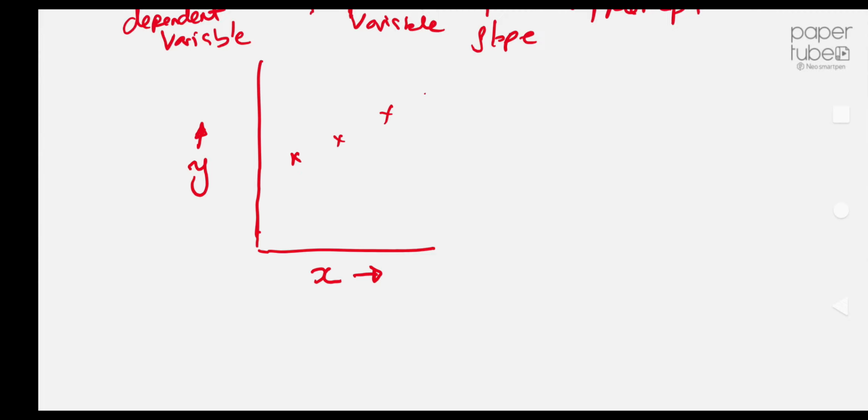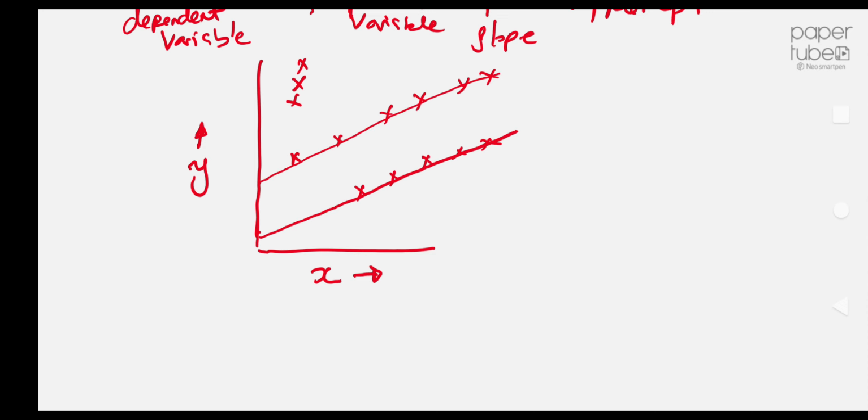And you may have data something like this, or maybe something like this. Most of this type of data shows that something, in this case y, changes with respect to x, and it follows a linear trend line. So for this type of relationship between y and x we can use the simple straight line equation.